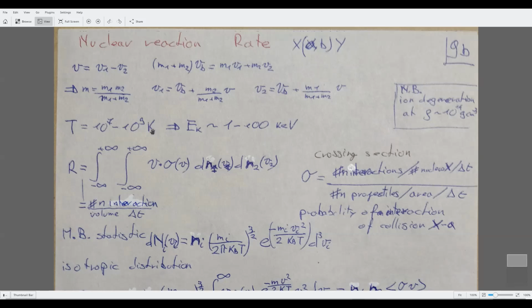Just remember a typical temperature inside the star for the nuclear reactions is 10 to the 7, 10 to the 9 Kelvin. That means energies are not so high, just 100 kiloelectron volt.